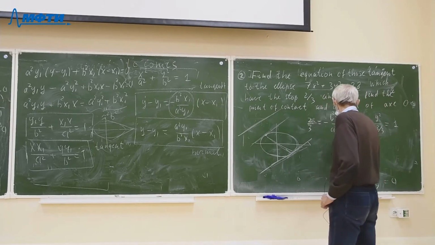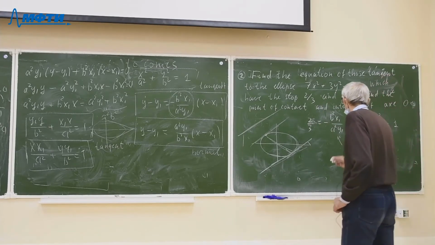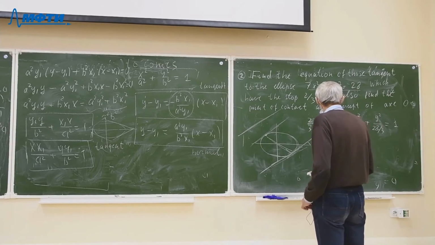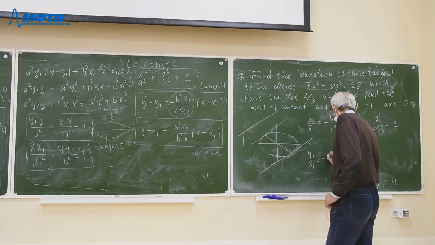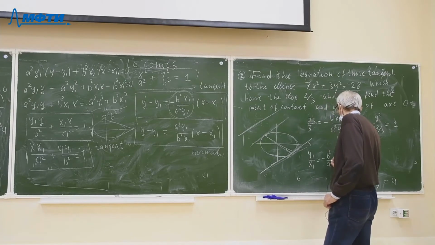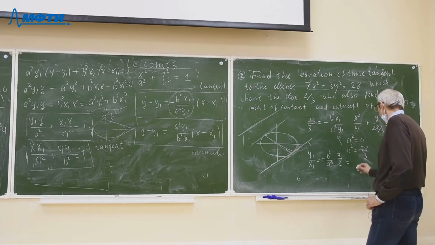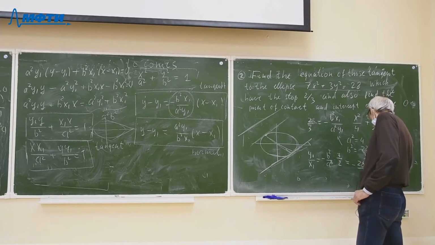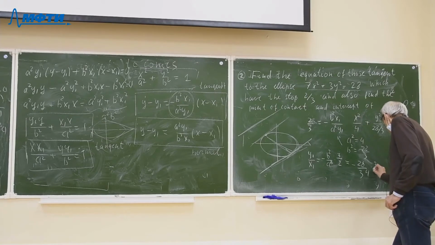if we substitute these values in the expression for the slope, we can obtain that the ratio y1 to x1 is equal to minus b squared divided by a square times 3 divided by 2. B square is 28 divided by 3, a square is equal to 4, times 3 over 2.